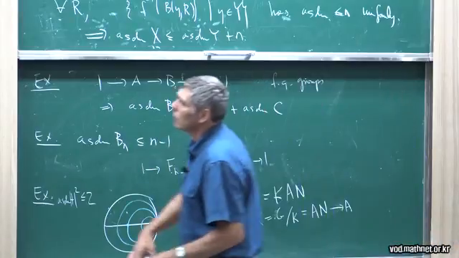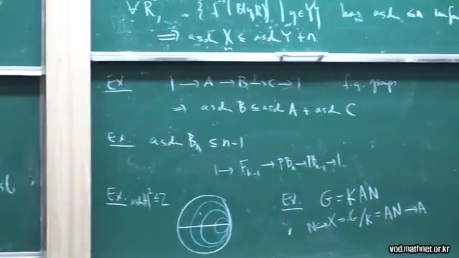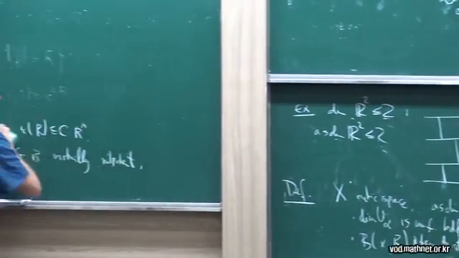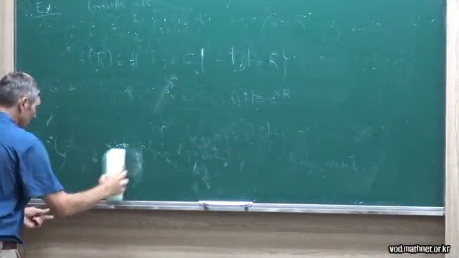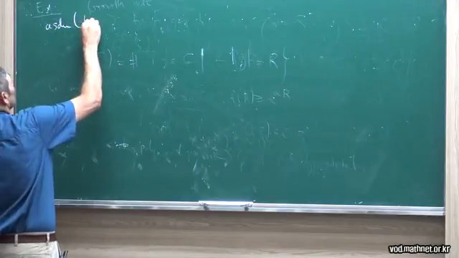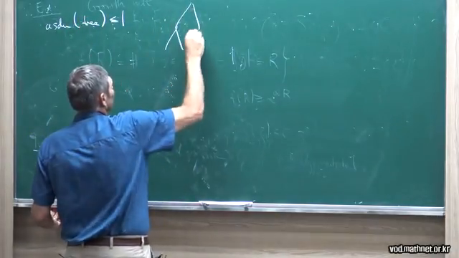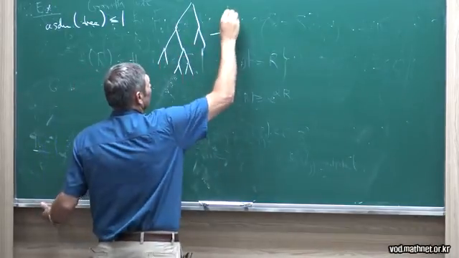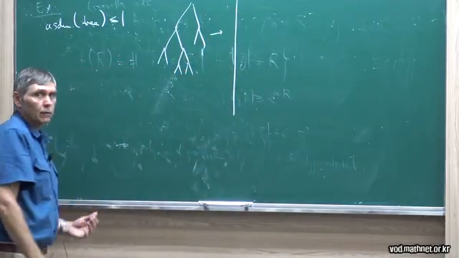A tree has asymptotic dimension at most 1, and you can use the same theorem to do this. So the asymptotic dimension of a tree is less than or equal to 1. You think about the tree as hanging down, and you map it to the real line just by the height function.